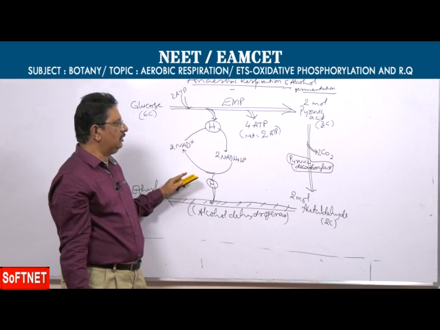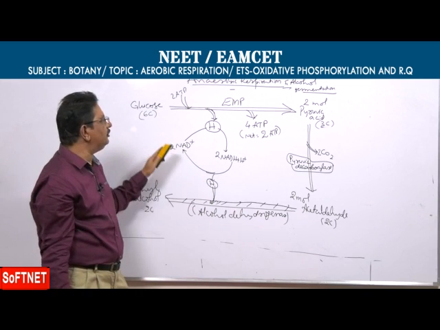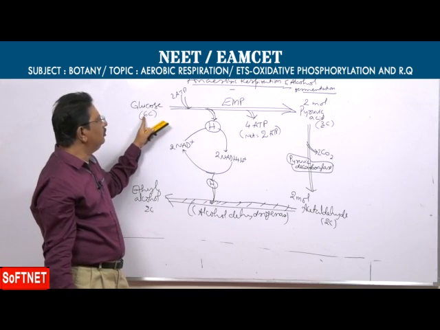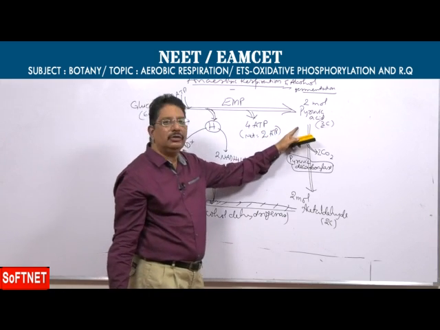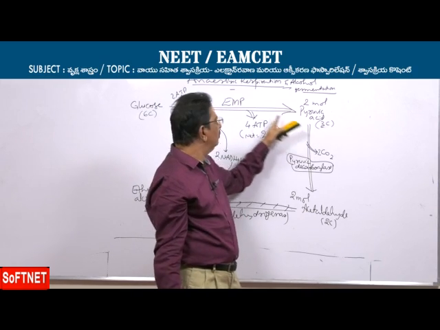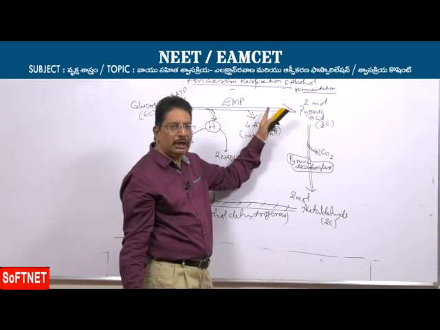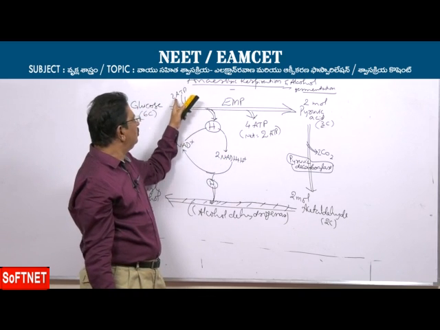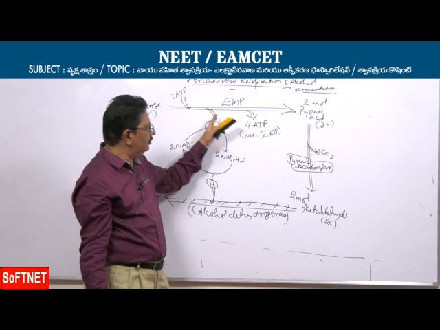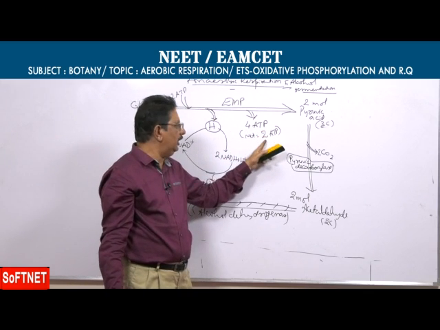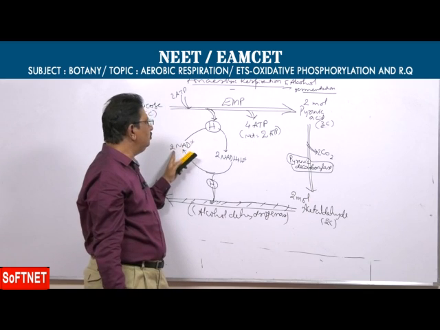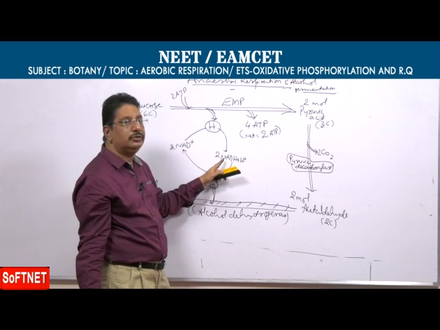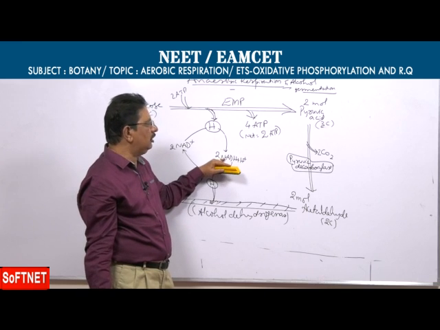So, during respiration by yeast in the absence of oxygen, glucose is converted into 2 molecules of pyruvic acid through 10 enzymatic reactions in the cytoplasm, where 2 ATP are utilized, 4 are formed. So, net is 2, and 2 molecules of NAD are reduced into 2 molecules of NADH.